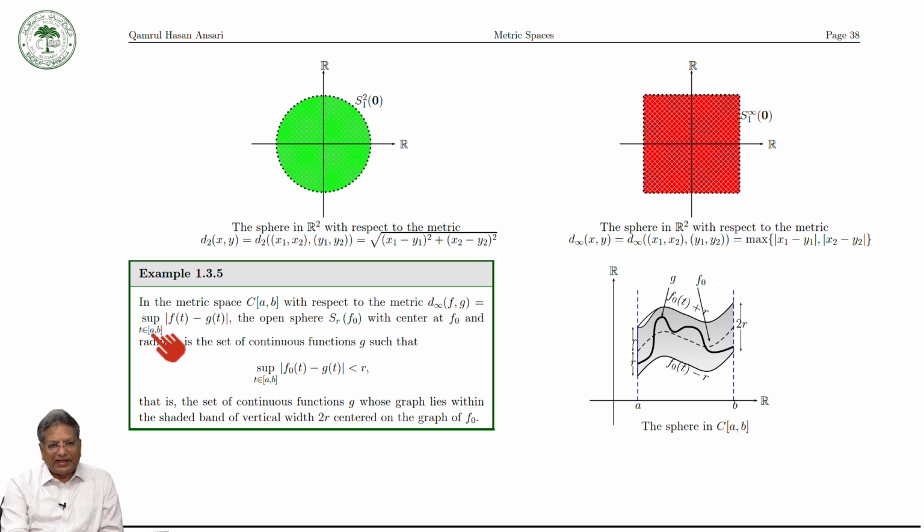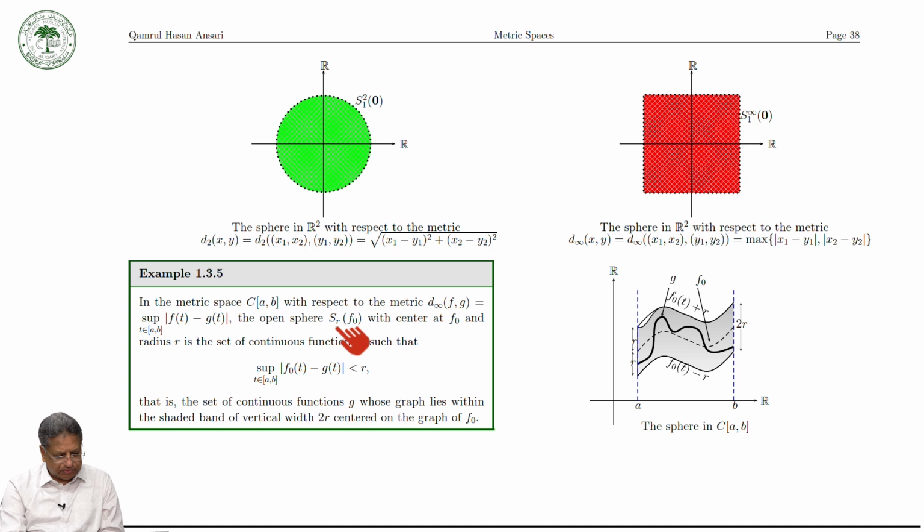Let f naught be any element in this set and r any real number. Then this is the open sphere with center at f naught and radius r.